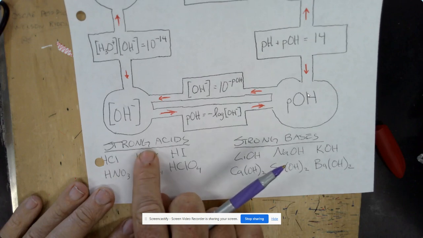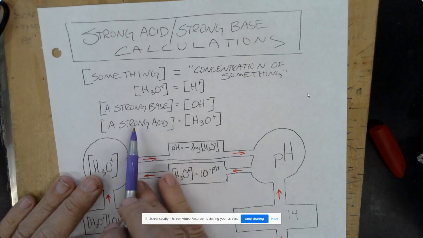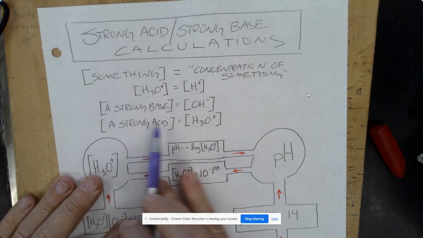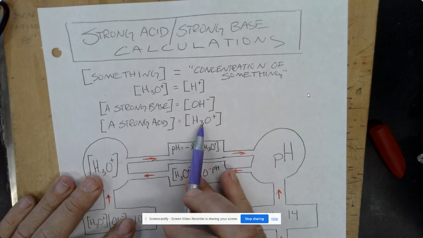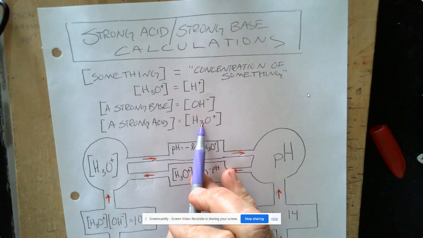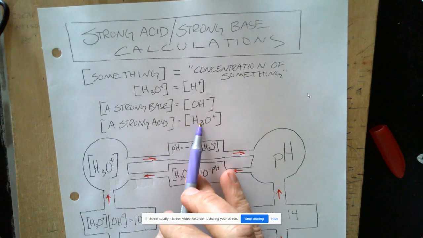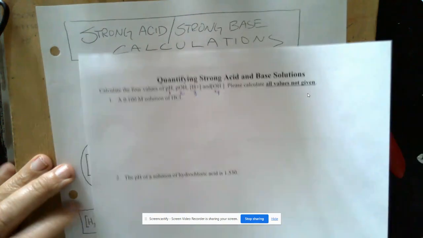And the concentration of a strong acid is equal to the concentration of hydronium in the acid. That's because every single acid molecule in there is going to donate a proton to a water molecule. So however many acid molecules there are, that's how many hydronium ions there's going to be.